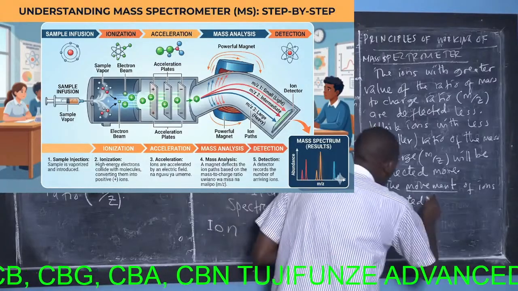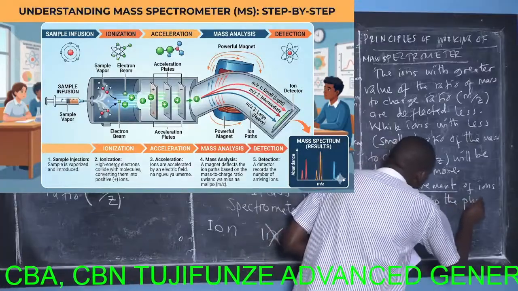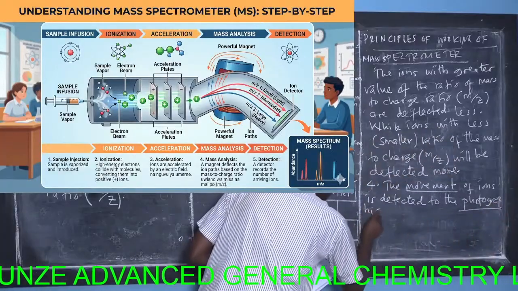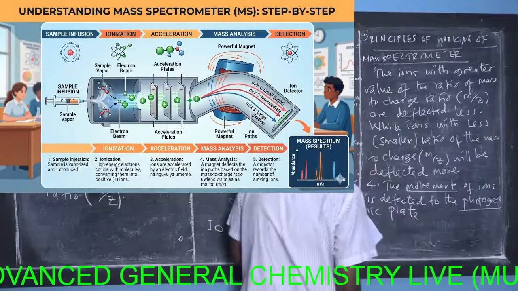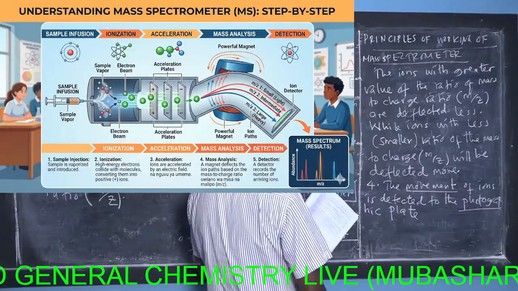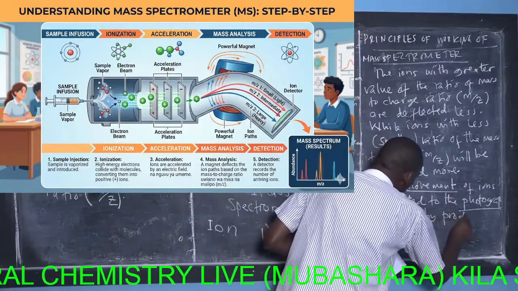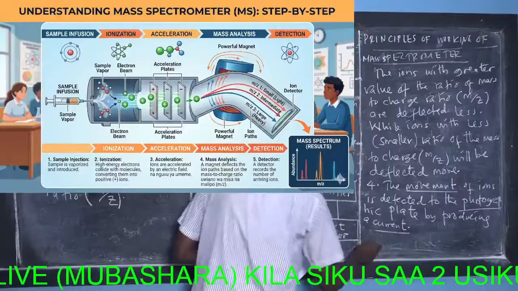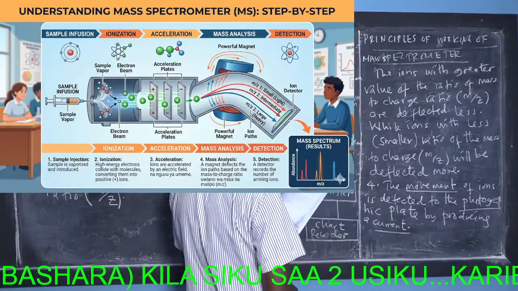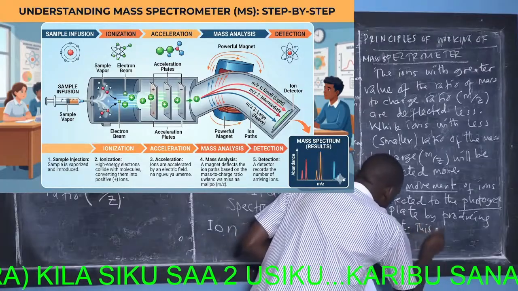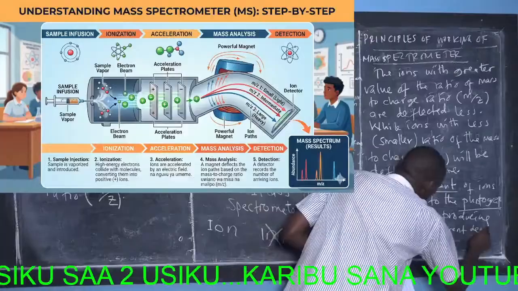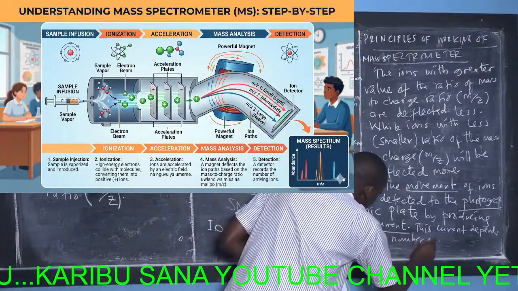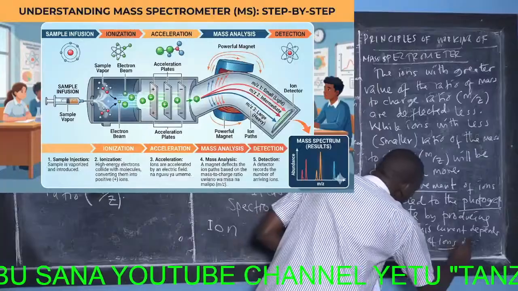It is detected at the photographic plate by producing a current, and the current depends on the number of ions produced.